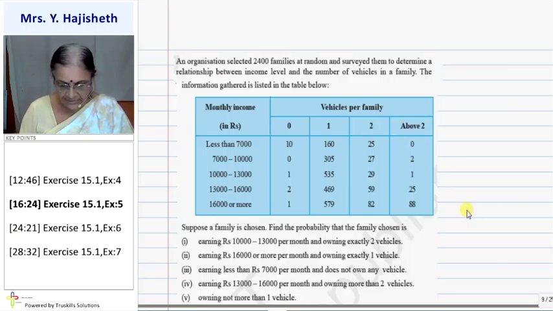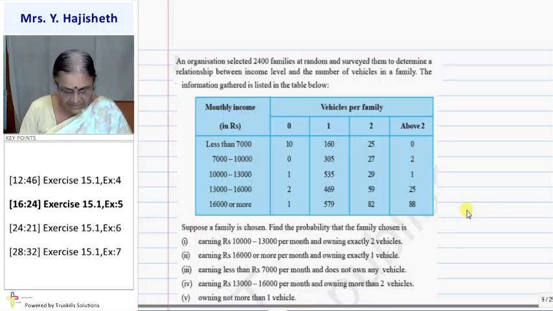The information gathered is listed in the table below. Look, monthly income less than 7,000 but having 0 vehicle are 10 families. 1 vehicle, 160 families. 2 vehicle, 25 families and above 2 vehicle, 0 families. Income between 7,000 to 10,000, with 0 vehicle the number of families is 0. 1 vehicle, 305. So all the data are given. Income group and vehicles per family.